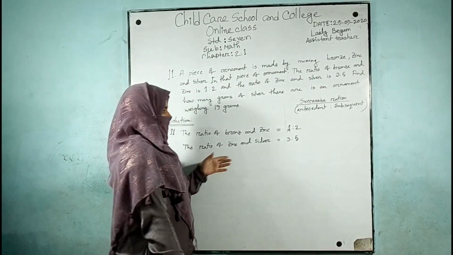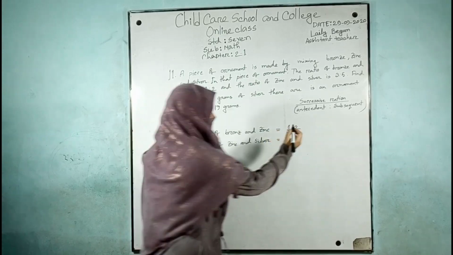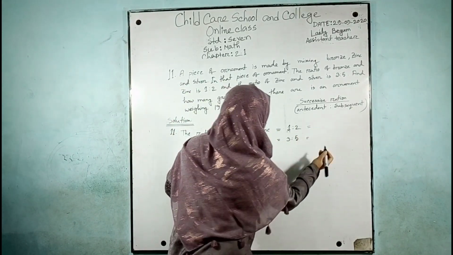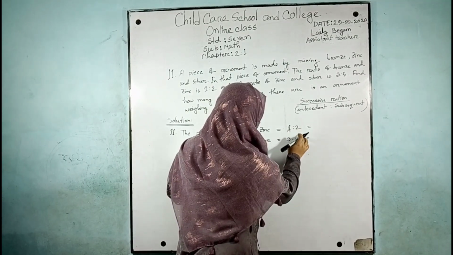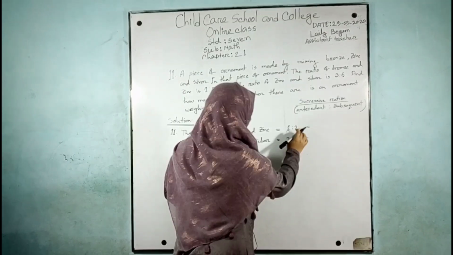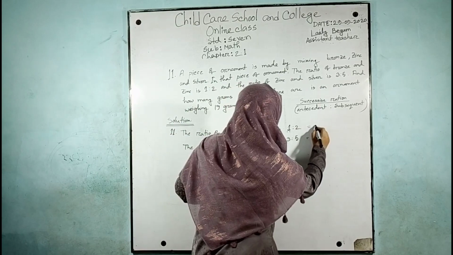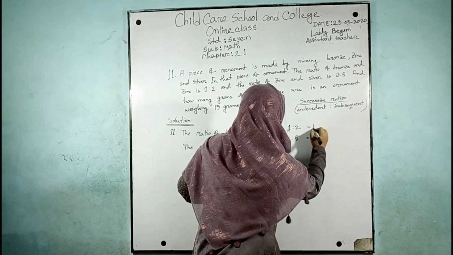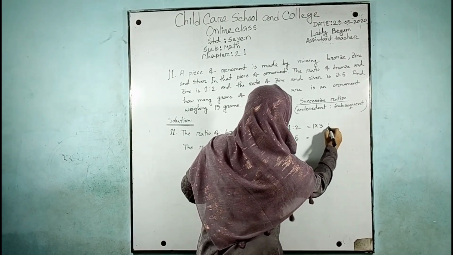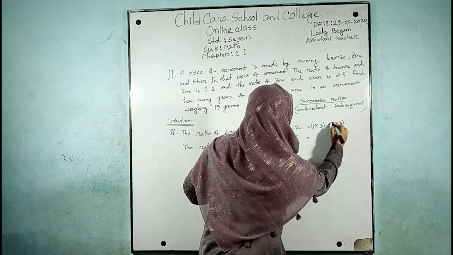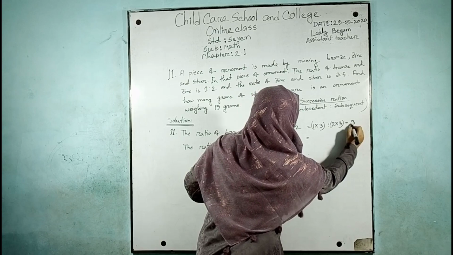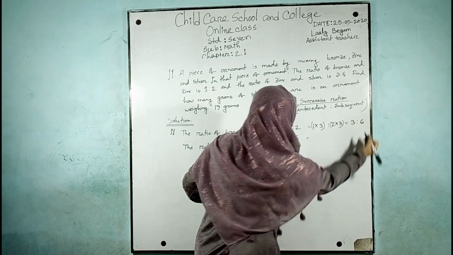Now we solve this to find the successive ratio. We multiply 1:2 by 3. So 1 into 3 is to 2 into 3, that means 3:6.